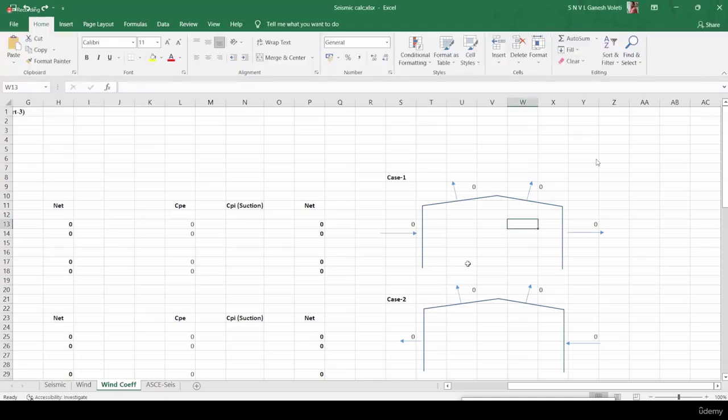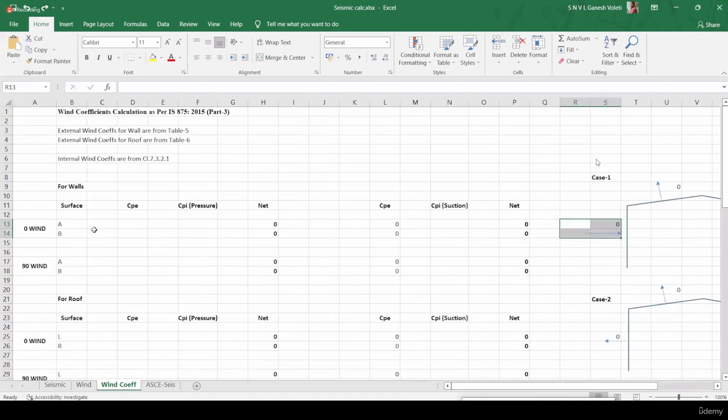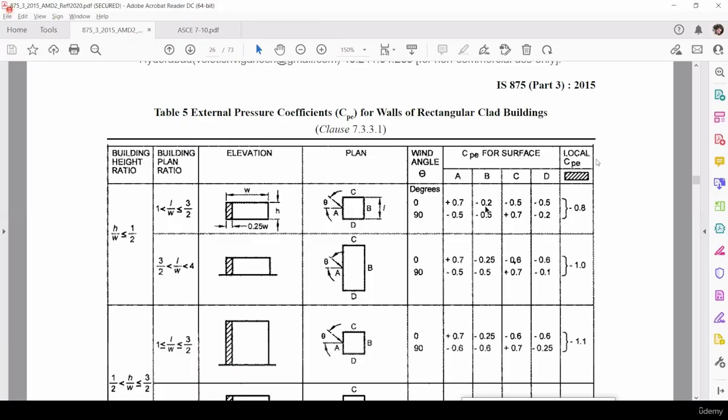Okay, I told you this is the surface A, this is the surface B. So along the surface A, we have to use plus 0.7. So obviously you will get one doubt. Sir, what is this plus symbol and what is this minus symbol? Okay, so this plus symbol denotes any wind coefficient towards the surface of the building.